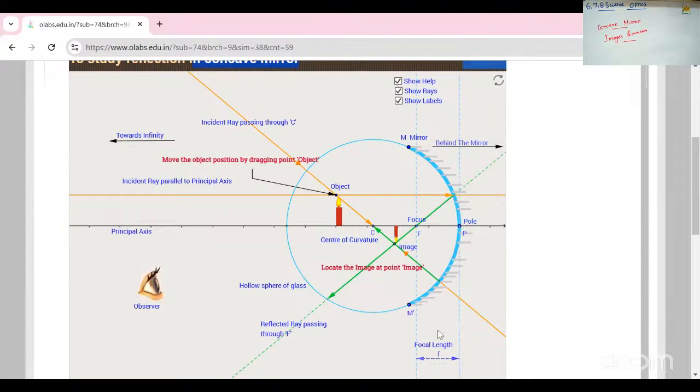This is a reflected ray passing through this area, and the incident ray passes here. The incident ray is parallel to the principal axis, which is towards infinity.